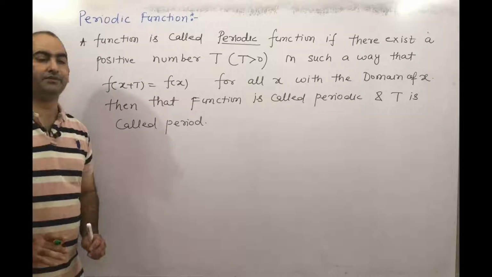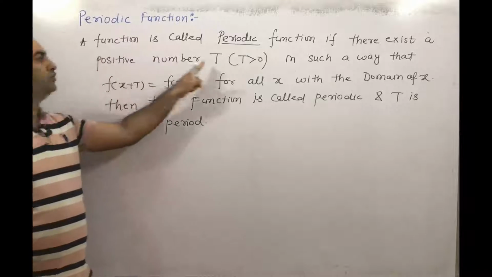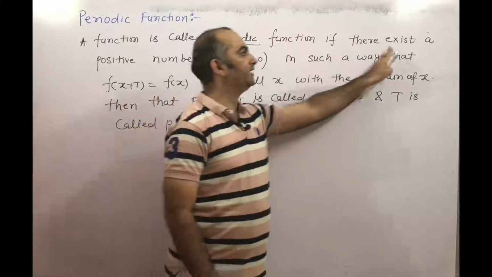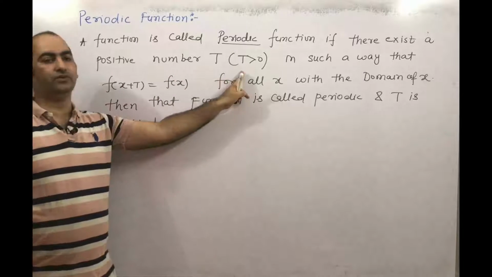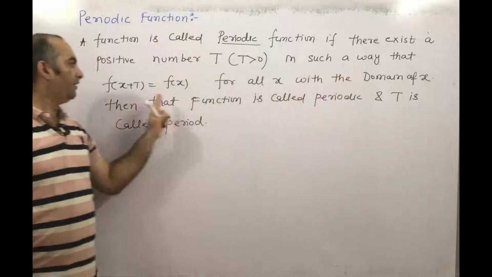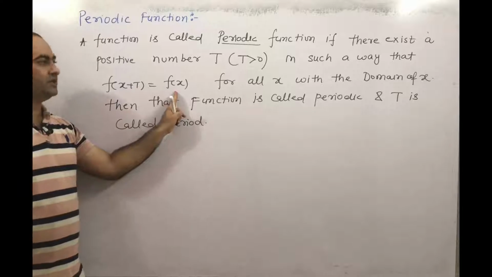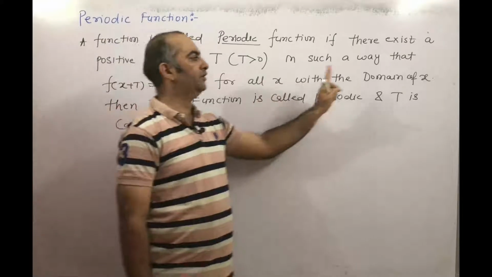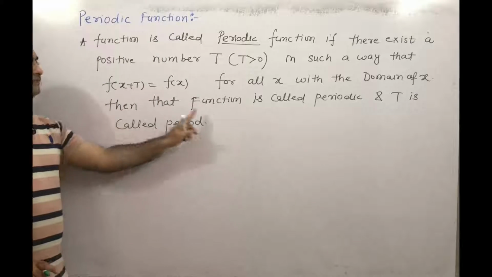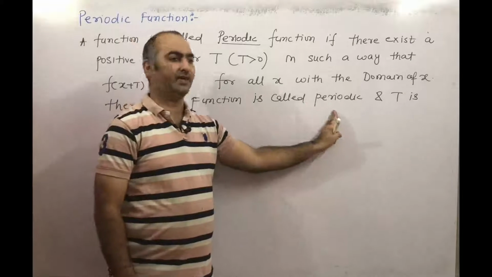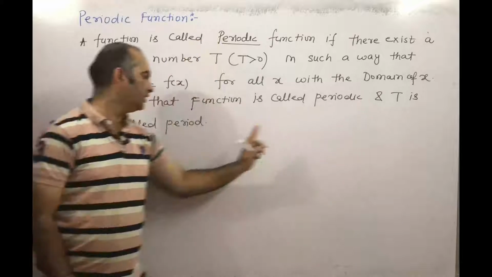So what is the definition? A function is called periodic function if there exists a positive number t where t is greater than 0 in such a way that f of x plus t equal to f of x for all x within the domain of x. That means x should come in domain only. Then that function is called periodic function, and that positive number t is called period of the function.